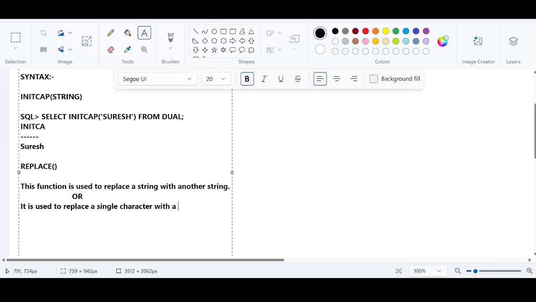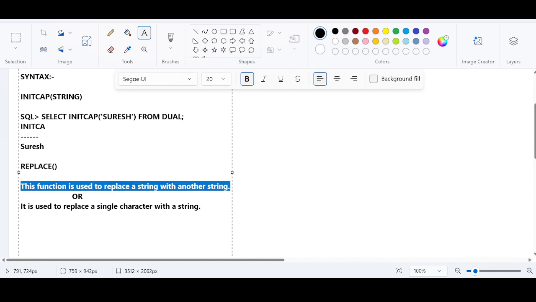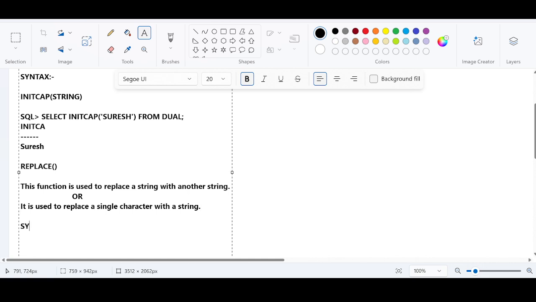I'll tell you what the difference between these two statements is. Let's understand the syntax first.